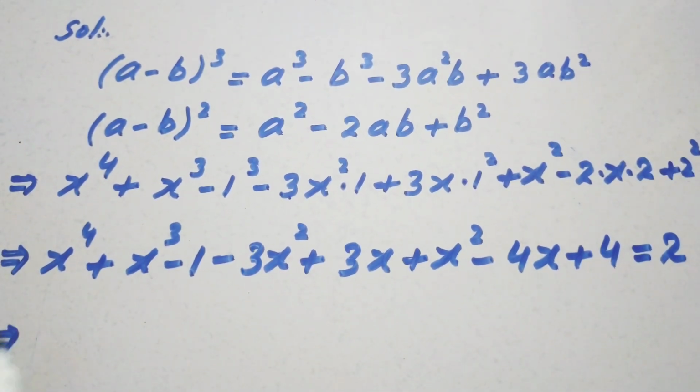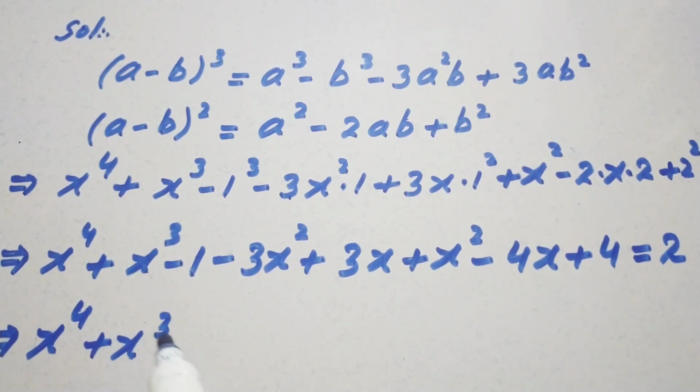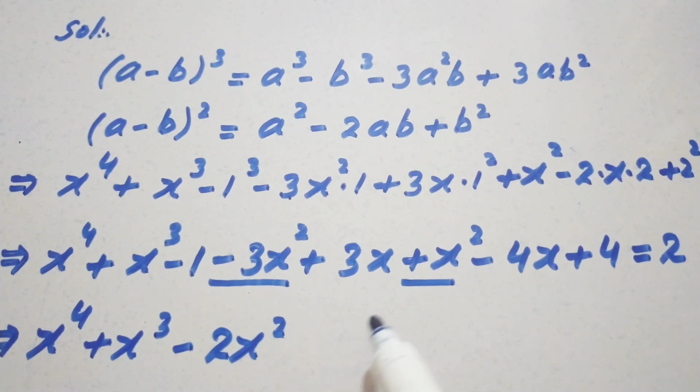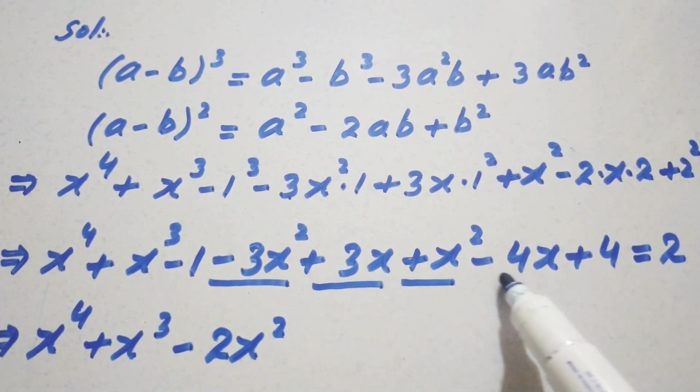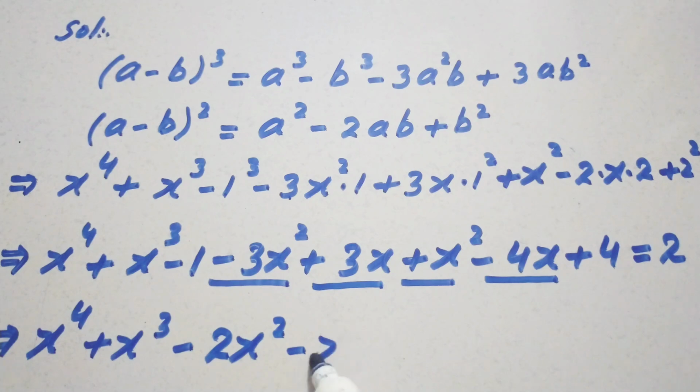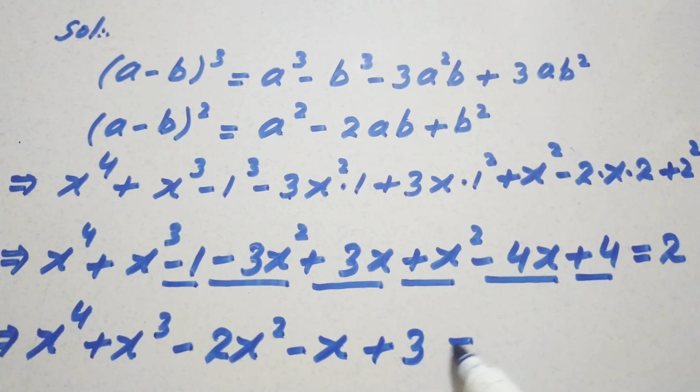Now x power 4 plus x cube, here minus 3x squared plus x squared gives us minus 2x squared, and plus 3x minus 4x gives us minus x, and here minus 1 plus 4 gives us plus 3 is equal to 2.